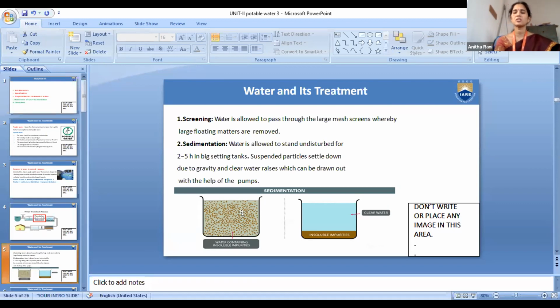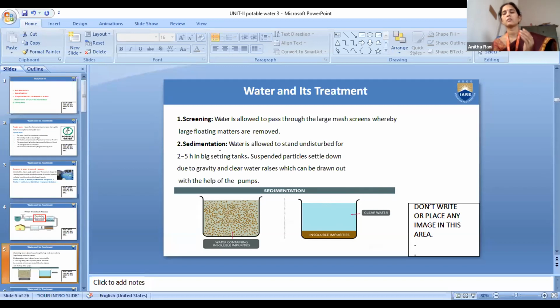Sedimentation is a very simple process. We take a large tank and pass the water into it. We allow it to stand for 2 to 5 hours without disturbing. In this diagram, you can see the suspended impurities settling down at the bottom of the tank due to gravitational force, and clear water can be collected with the pipe.